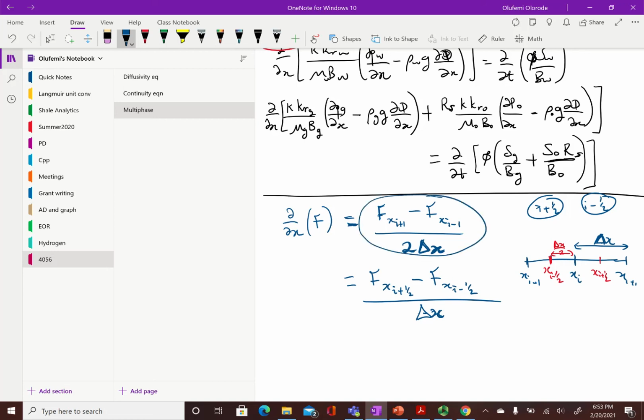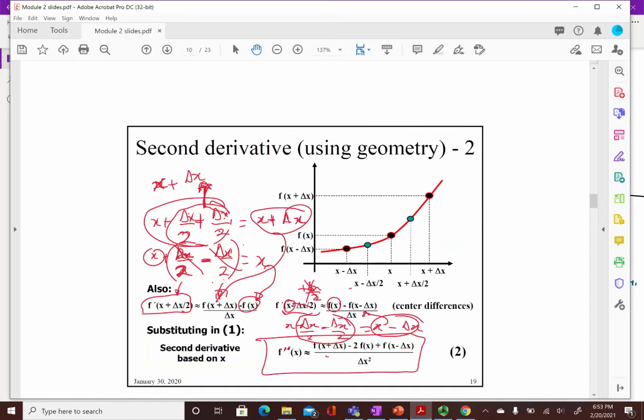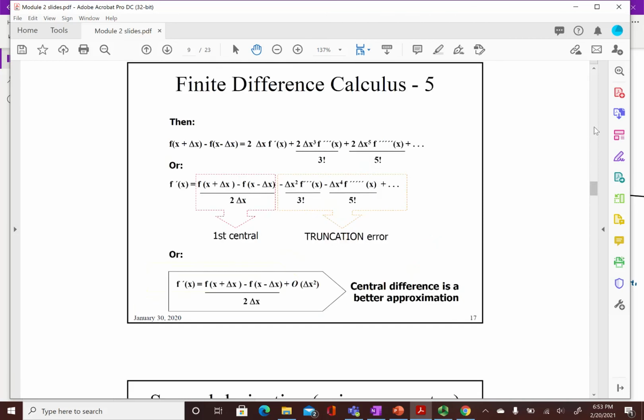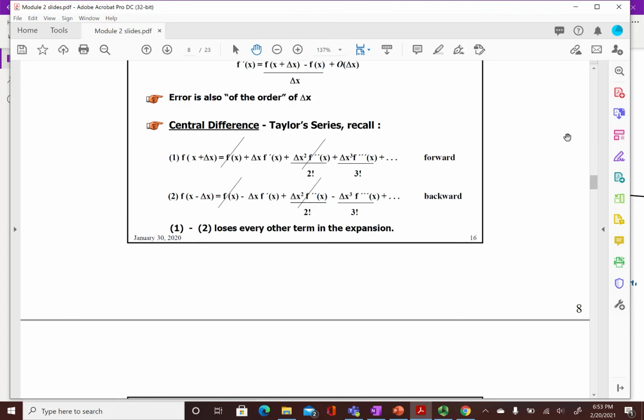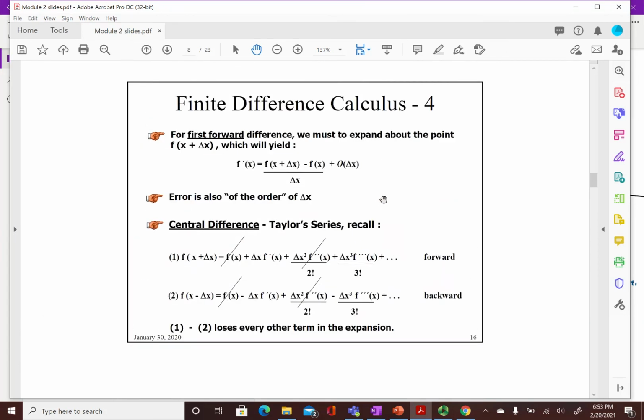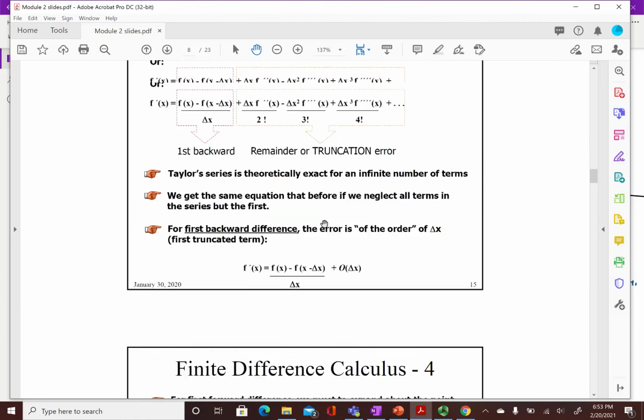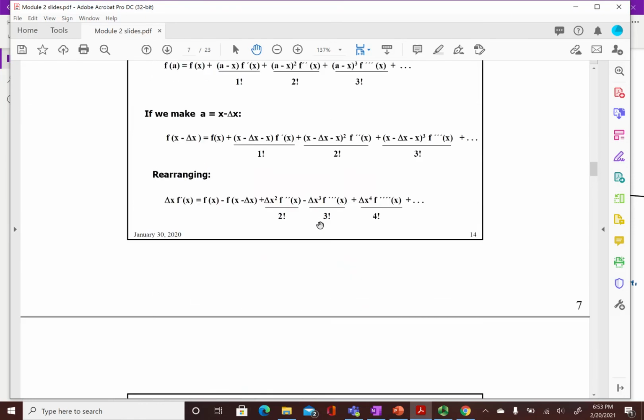Because I only showed you this part where we used i minus half and i plus half, I want to show you the central difference with plus delta x.